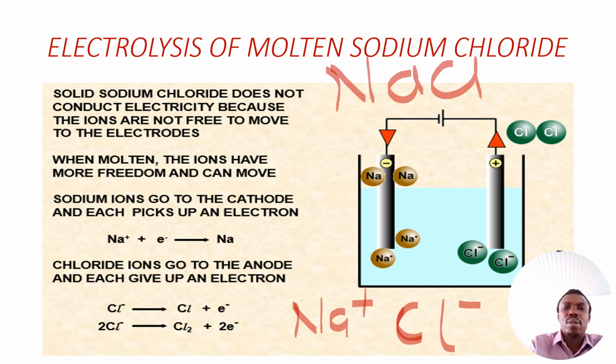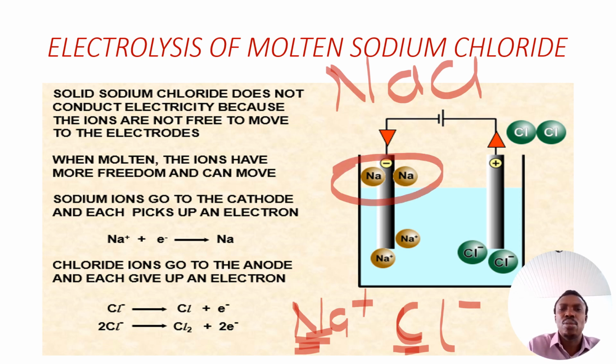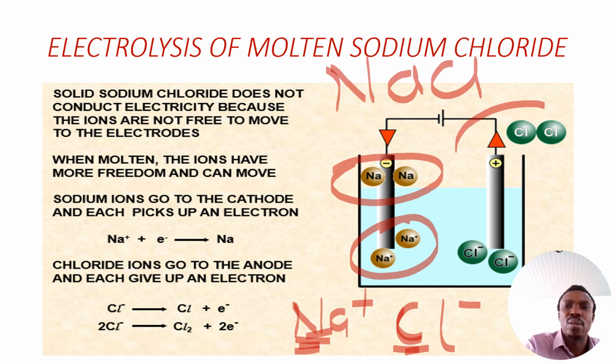So inside the electrolyte, you have the sodium ion and the chloride ion, which are the only positively and negatively charged ions. When you pass electric current through it, the cation, the positively charged ion, goes to the cathode, which is the negative electrode. You can see the sodium ion migrating to the cathode, while the anions, the negatively charged ions, migrate to the positive electrode, which is the anode.